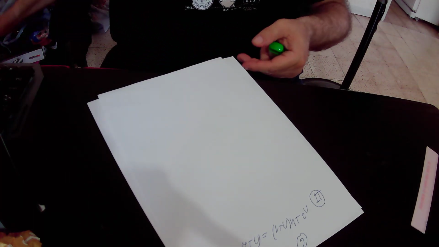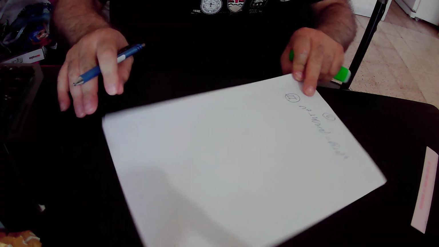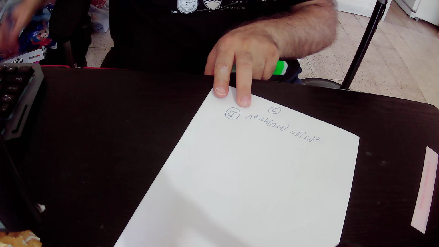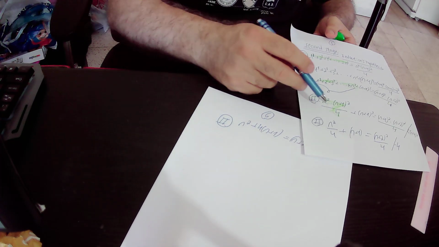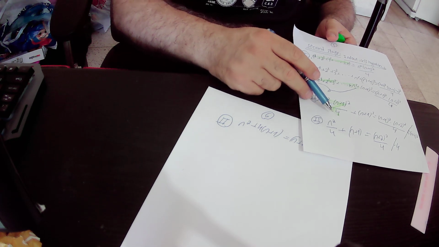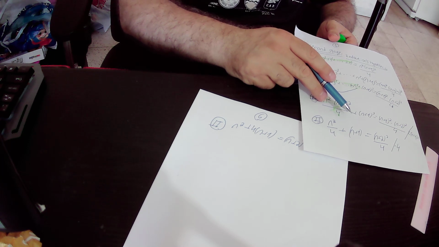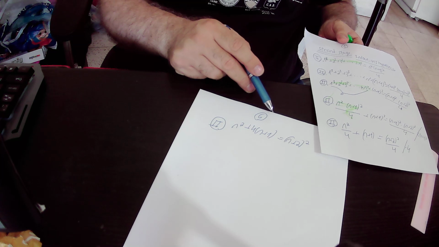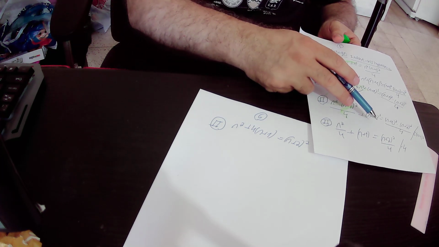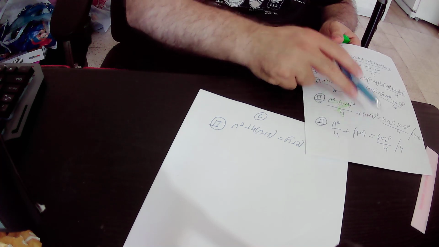So after we multiplied both sides of the equation by 4, we got that n squared divided by 4 times 4 is n squared, and n plus 1 multiplied by 4 is 4 times n plus 1, and n plus 2 squared divided by 4 multiplied by 4 will be n plus 2 squared.